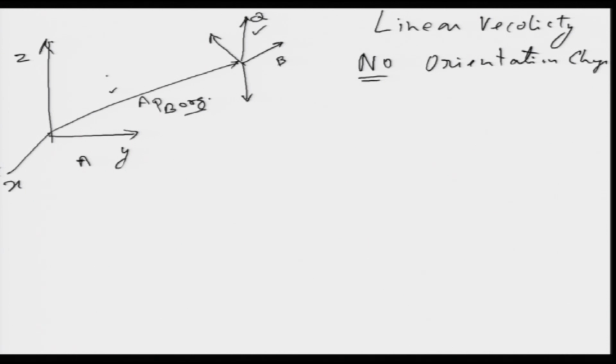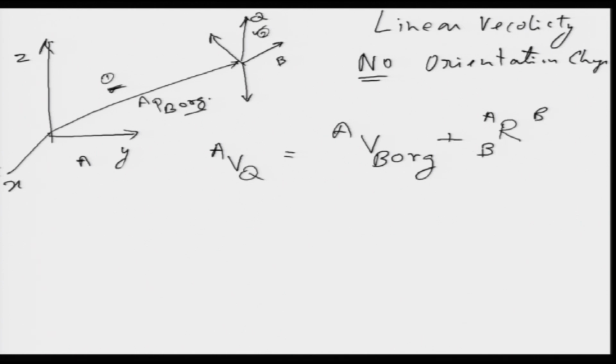So what we can write is the velocity of the point Q expressed in frame A as the sum of two parts. This is the velocity which is changing because of the change in the origins. That means this part is changing. So this is moving, having a linear velocity, and the other velocity is because of a change of Q in B itself. So we have a rotation matrix to bring it to frame A, and this is my B V Q.